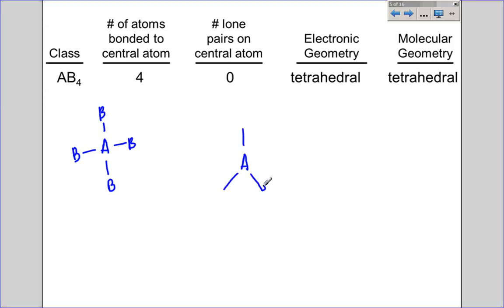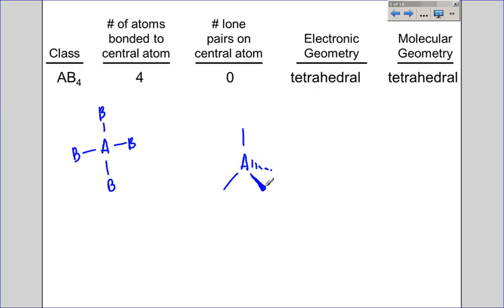Now, a tetrahedral geometry will have some 3-dimensional structure to it, so we need to use some known diagram skills in order to represent this molecule. Chemists use wedges in order to represent bonds that are coming towards us, and they use dash wedges in order to represent something that is going away from you.